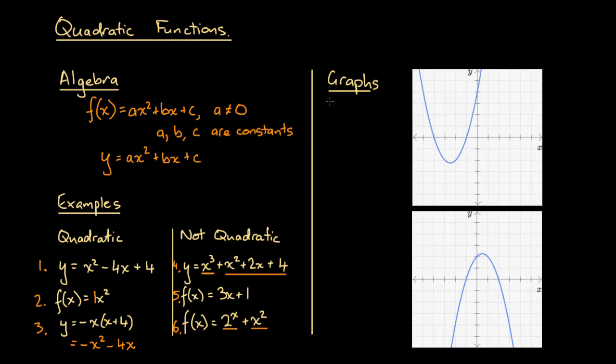Let's also examine the graphical representation of quadratic functions. On this right-hand side, we have 2 quadratic functions that have been graphed. Now, this top quadratic function is in the shape of an upward opening parabola, like this. This type of quadratic function we call concave up.